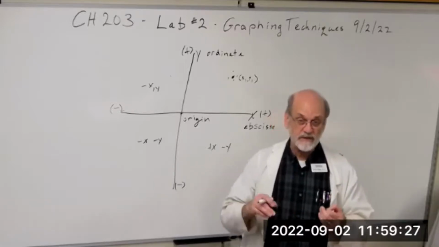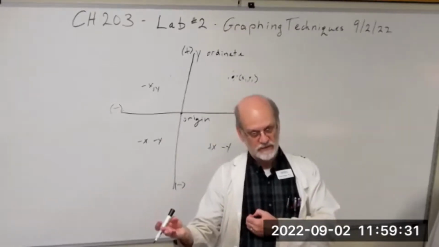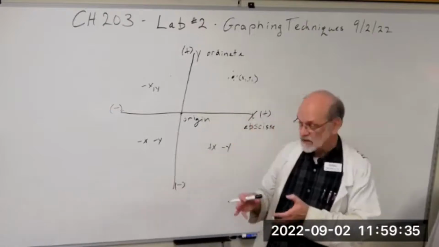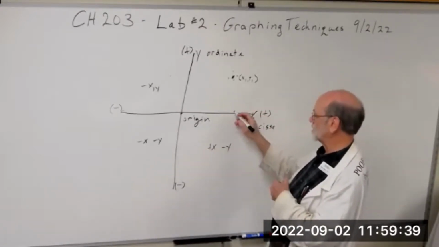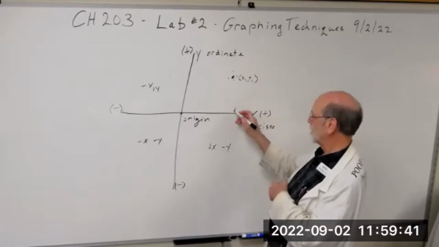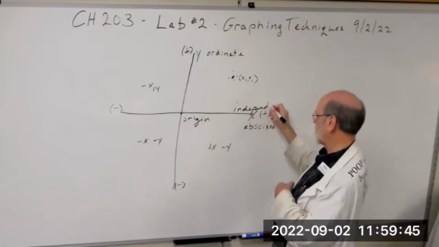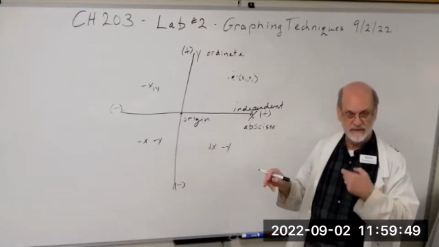And then the experiment gives you the result, which is the output of another variable. Okay. So by convention, the X variable is the independent. That's the one that the experimenter chooses.